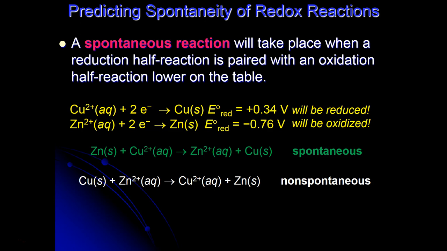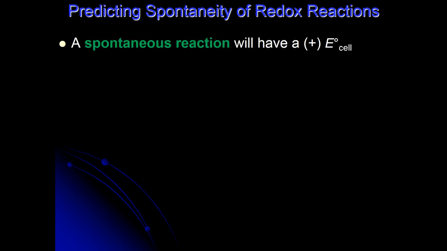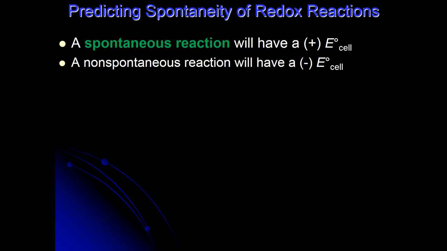It is absolutely non-spontaneous. So a spontaneous reaction is one that has a positive E cell. A non-spontaneous reaction will have a negative E cell. Think about that like a bill, a negative balance. That means you owe. In this case, you'd have to put in energy to make the reaction work. You're not even going to get out any.